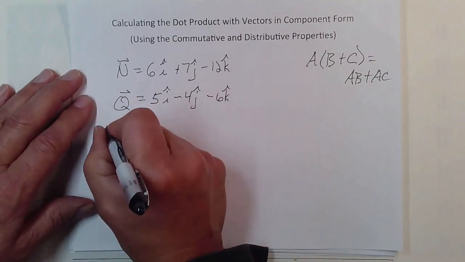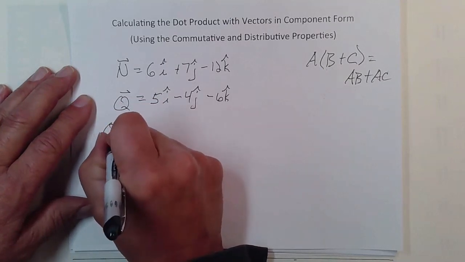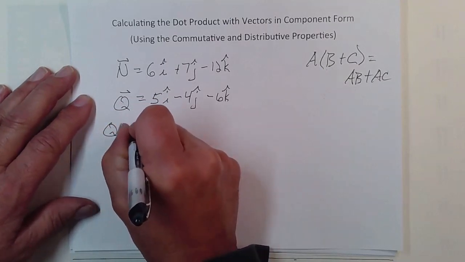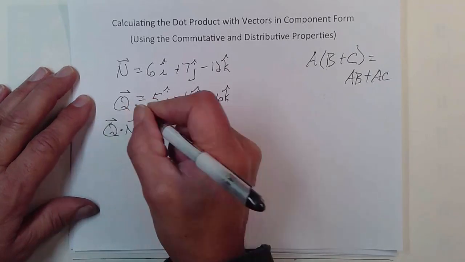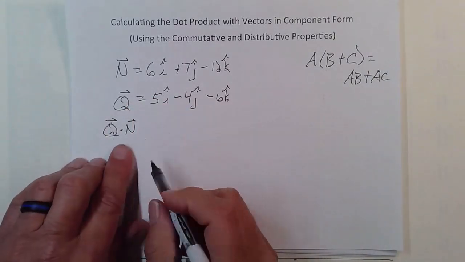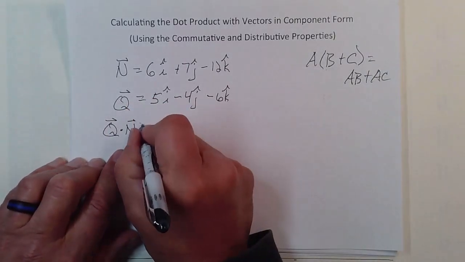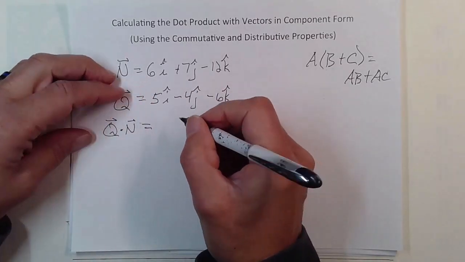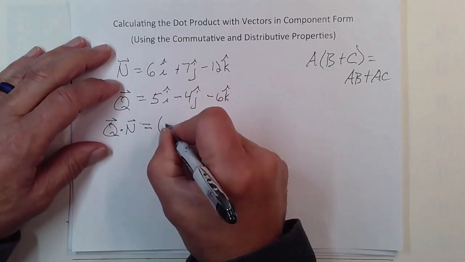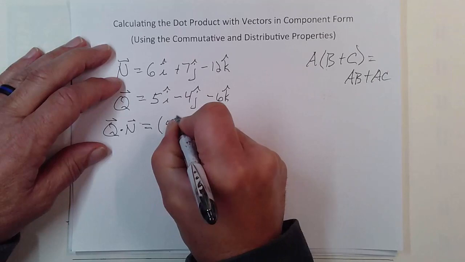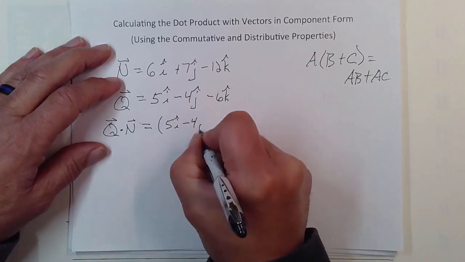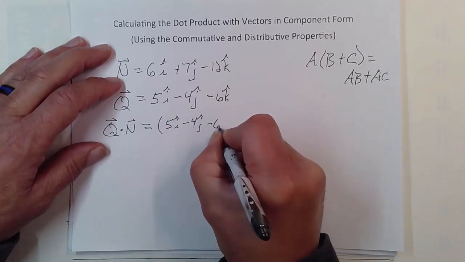Let's see if we can figure out what q dot n is. Now remember, this is commutative, so it's going to come out the same no matter what order I do it in. I'll write q first, which is 5i hat minus 4j hat minus 6k hat.